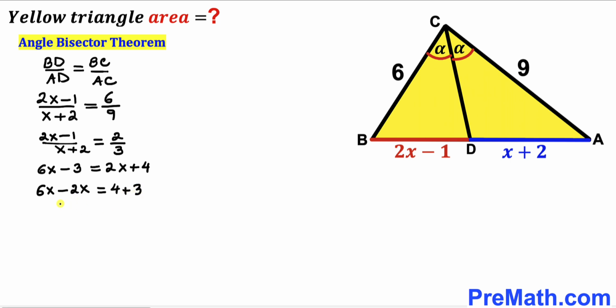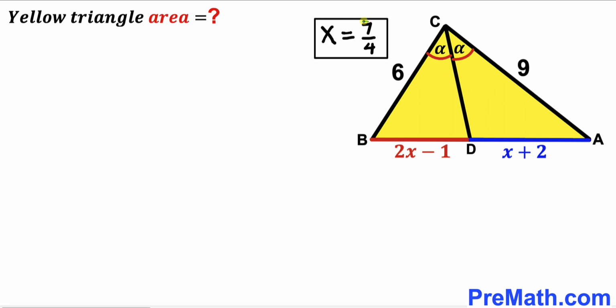So we got 4x equals 7. Let's divide both sides by 4 to isolate x. 4 and 4 are gone. So we figured out our x value as 7 divided by 4.